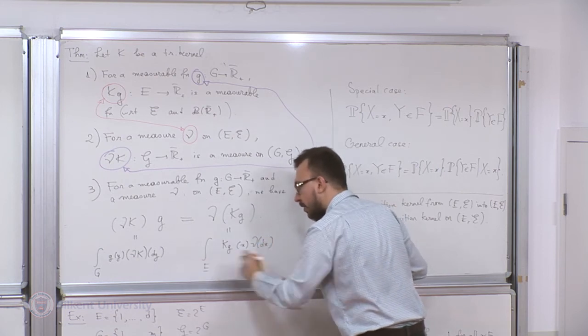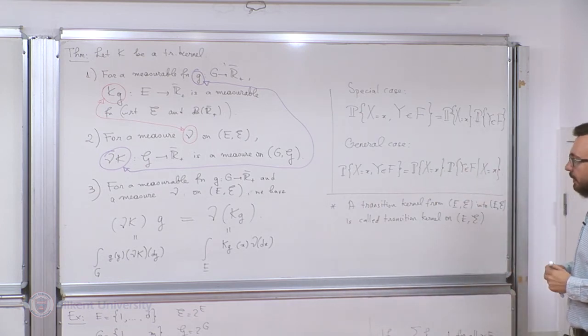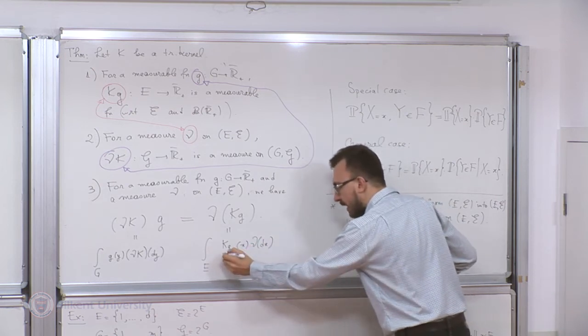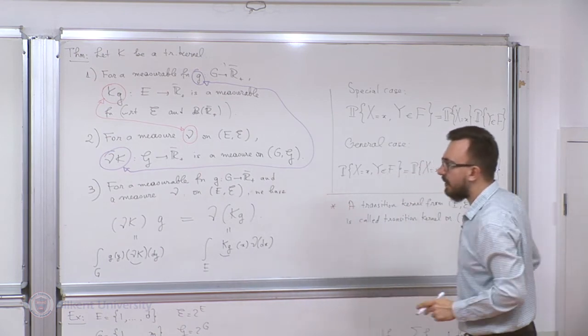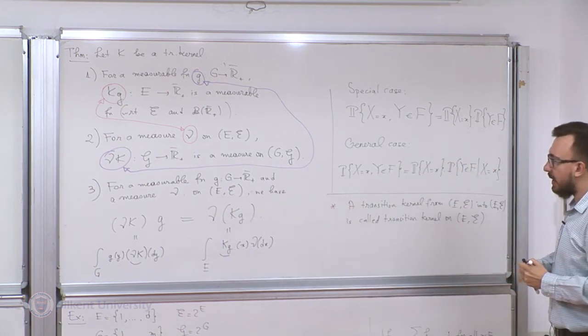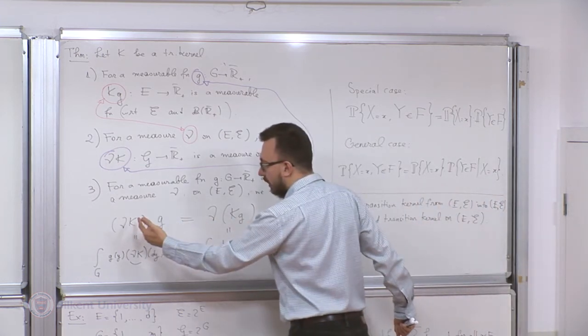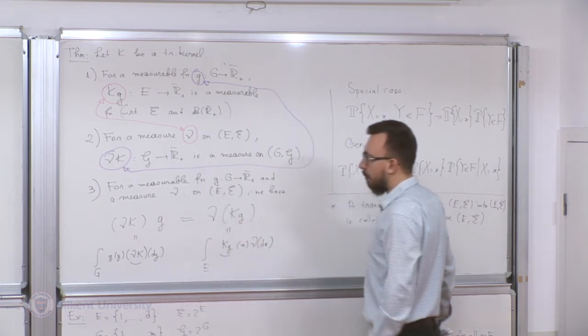It's a function on the first space, an integral on the first space. But Kg itself is an integral, and nu K itself is an integral, so these can be seen as double integrals. Apparently they have the same value. So the order is not important. The way you put the parentheses is not important.